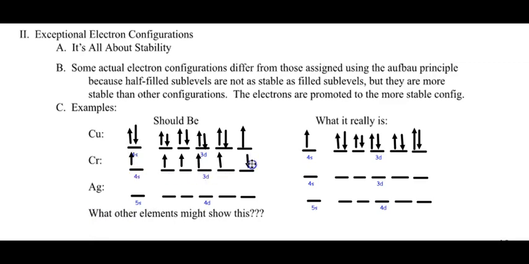This is what I'm going to do. I'm going to take this one, flip it upside down, or upside right I guess, and then move it right here. So that's what it should be, because look what I've done now. I have a half-filled and a half-filled. What do you know about a half-filled and a half-filled? More stable than a filled and an almost nothing. Let me put this back again and show you what it should be.